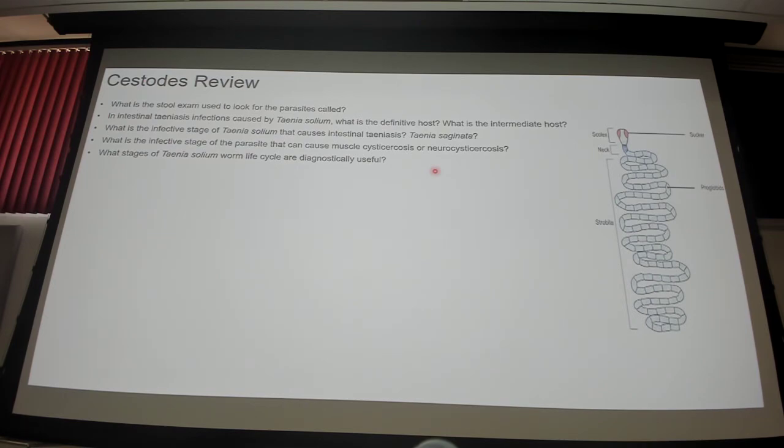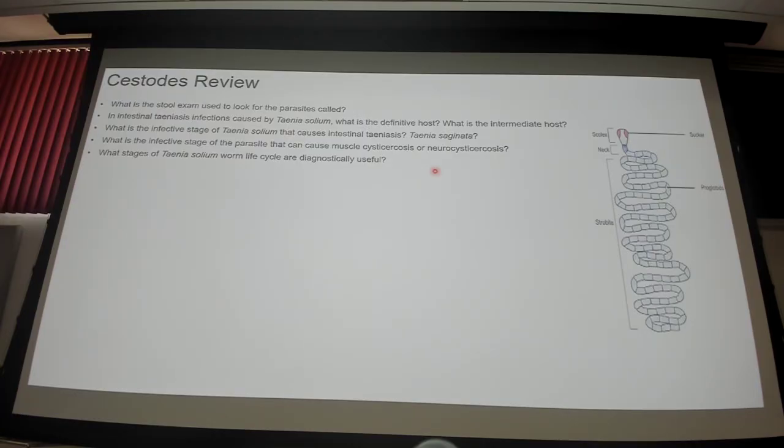When you have this intestinal form that causes usually asymptomatic or mild diarrheal symptoms, what stage of that particular parasite is diagnostically useful for somebody doing an O&P prep? Proglottids would be useful. We can count the number of uterine branches. What about eggs?